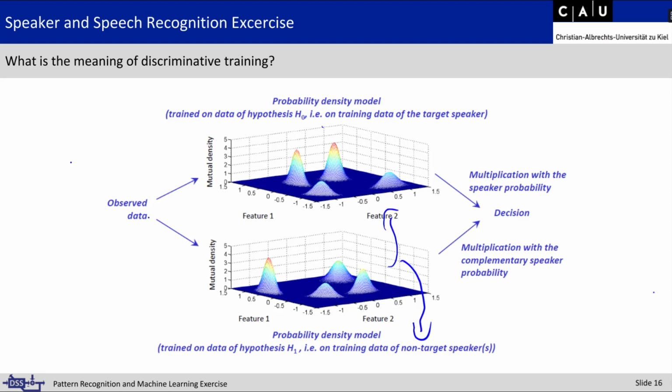So you have a more constrained way of training your model to optimize it, but also to maximize the distance to another GMM. And this will lead to better performance in the sense that very similar models don't mix up.